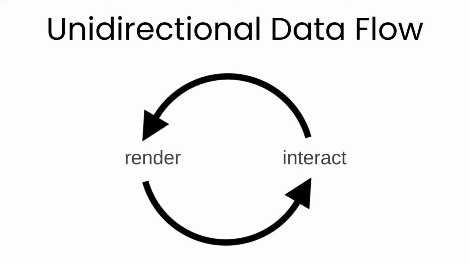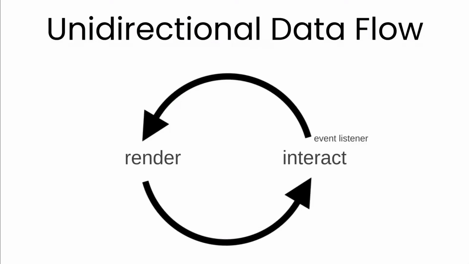This diagram sums up unidirectional data flow. The system renders something on the screen, and then the user interacts with that thing on the screen. And that interaction triggers a re-render of what's on the screen. Technically, what happens when you interact is it triggers an event listener for some kind of interaction event that gets fired or emitted.